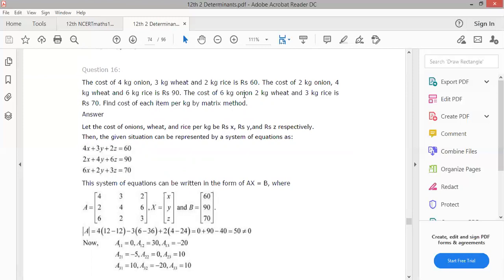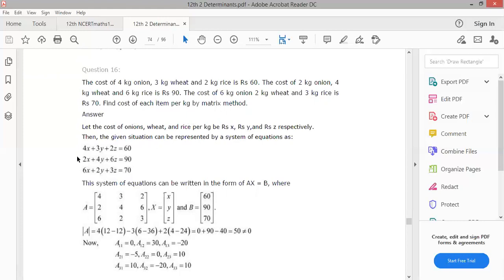And the cost of 6 kg onion, 2 kg wheat, and 3 kg rice is 70 rupees. We have to find the cost of each item per kg by the matrix method. So the question is very simple. We don't know the cost per kg of each item. We will take it as X, Y, and Z for onion, wheat, and rice respectively.